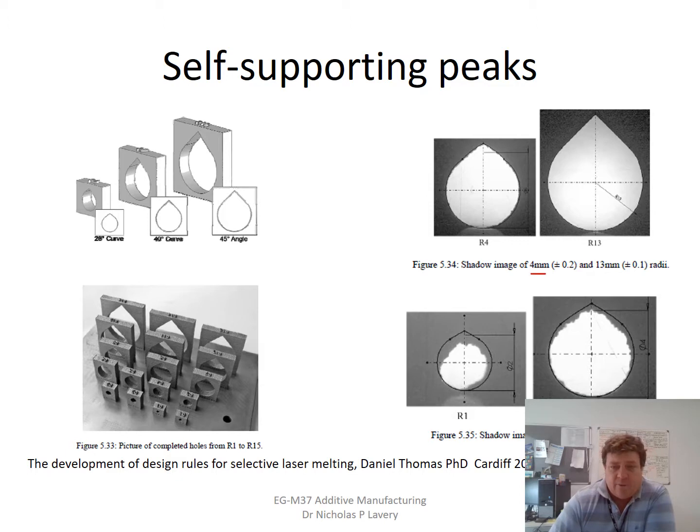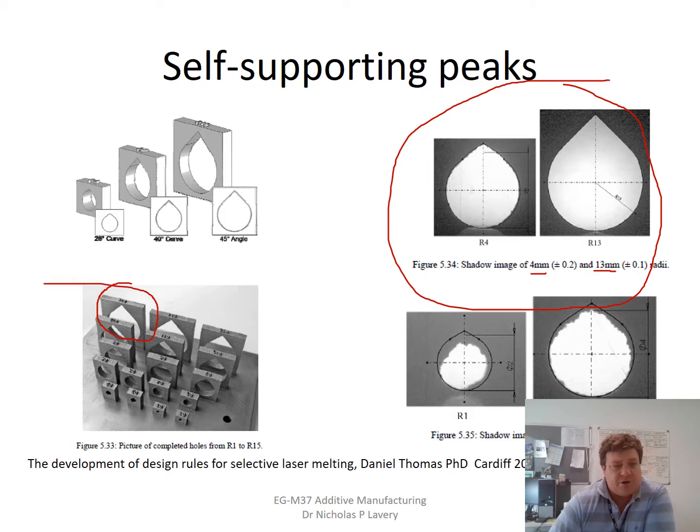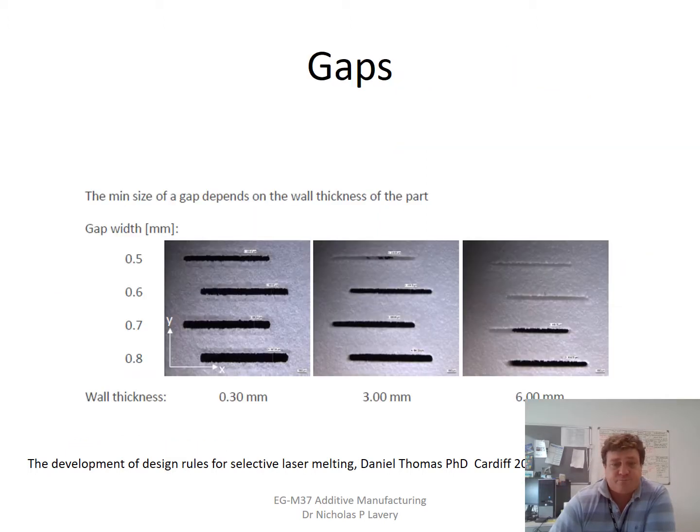So 4 millimeters and 13 millimeters are looking very accurate indeed, and this is on the old system, and they went up to quite significantly large self-supported internal cavity structures. This is an important thing from a design perspective, as a proof that if you can incorporate this type of supporting cavity, then you should use it.